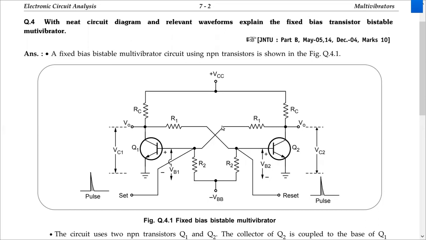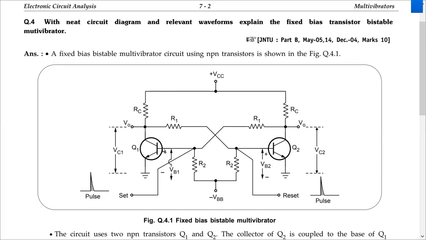That low voltage appears at the base of Q1, isn't it? Because Q2 is towards the on direction, the voltage here will be low, and the low voltage will appear at the base of Q1.